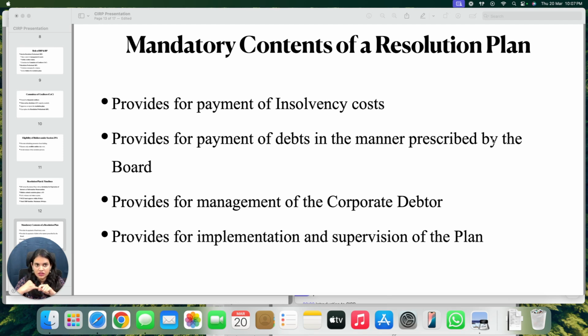Insolvency costs will include the costs incurred during the process of CIRP, the costs paid to the IRP or the RP, and to the authorized representative in case of a class of creditors, and the costs incurred to conduct the meetings of the COC, the costs incurred for appointing security personnel and registered valuers and transaction auditors and all such other things during the insolvency process. All of these costs will have to be separately noted by the resolution professional.